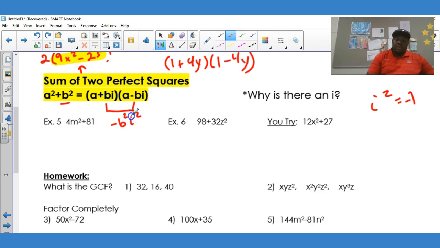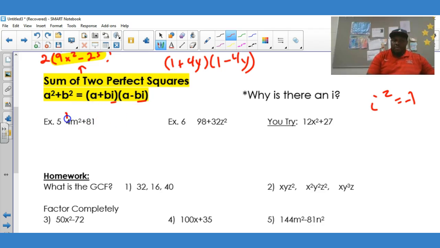So I'm just saying that so you understand that you do it the exact same way, but you remember that you have to have the i's, okay? So look at this first one. 4 is a perfect square, m squared is a perfect square, and so is 81. But again, this is the sum, not the difference. So you're going to have i in your answer.